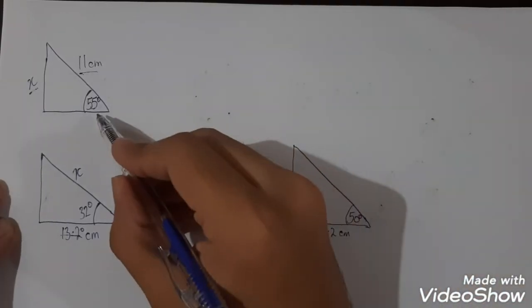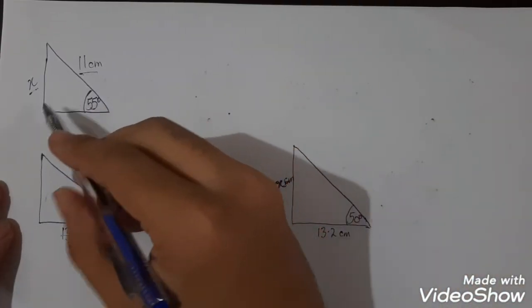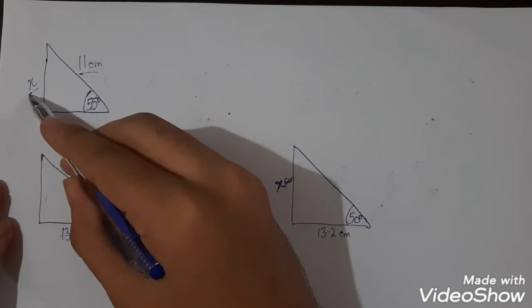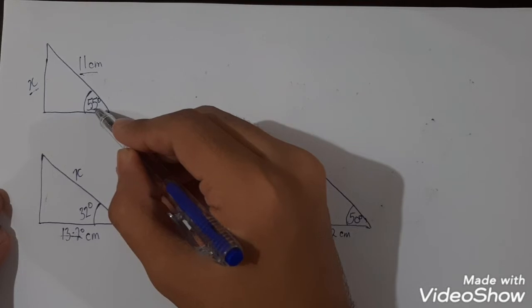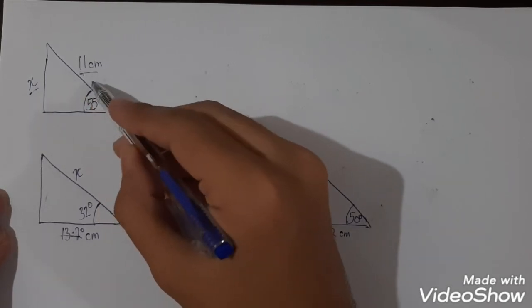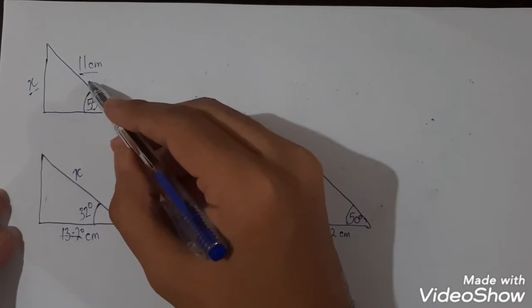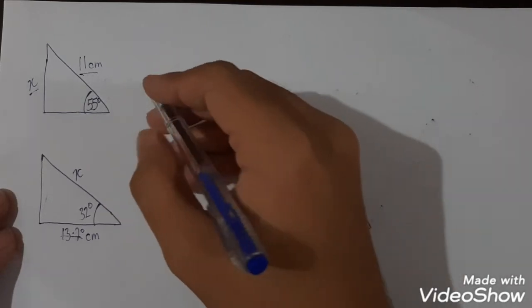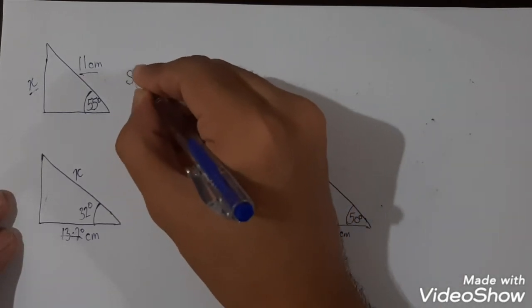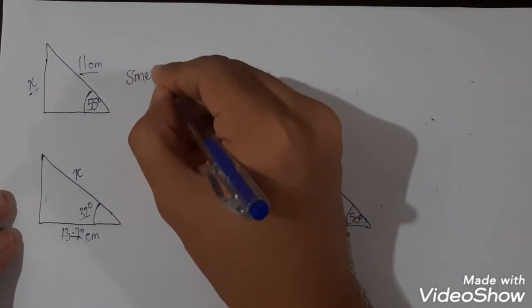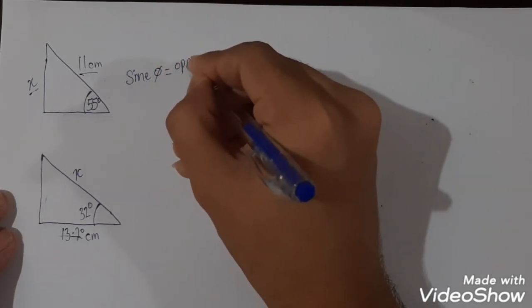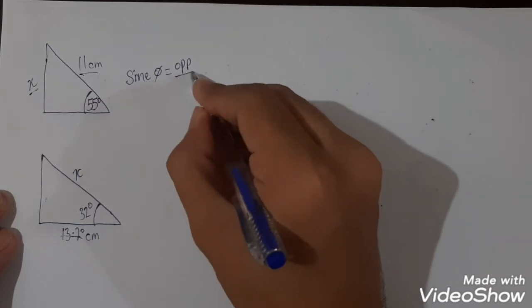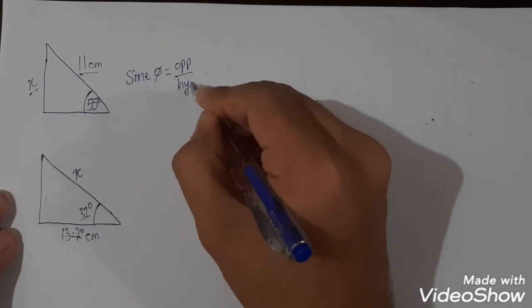So in question 1 we have to calculate the opposite length, but we have the angle 55 degrees and hypotenuse length which is 11 centimeters. So in this case we will use sine rule, because sine theta is equal to opposite divided by hypotenuse.